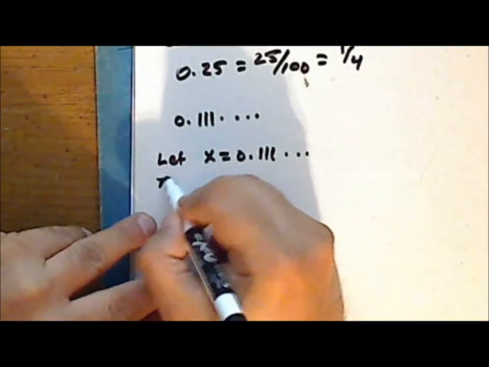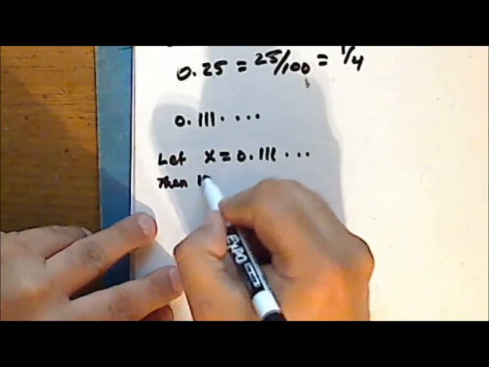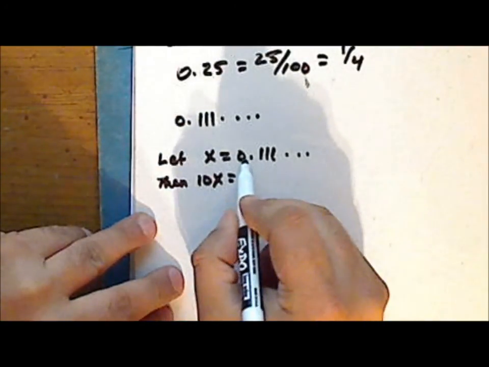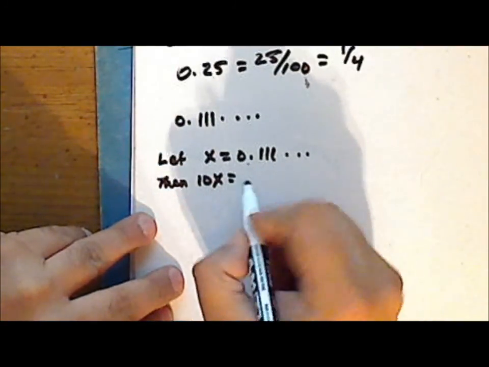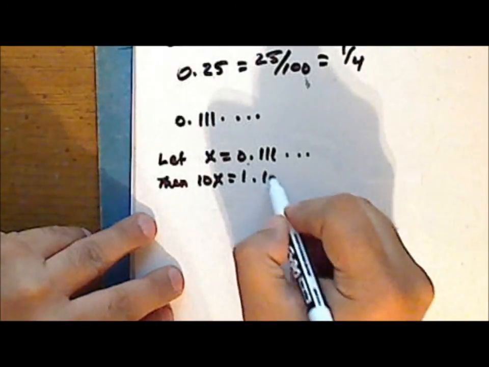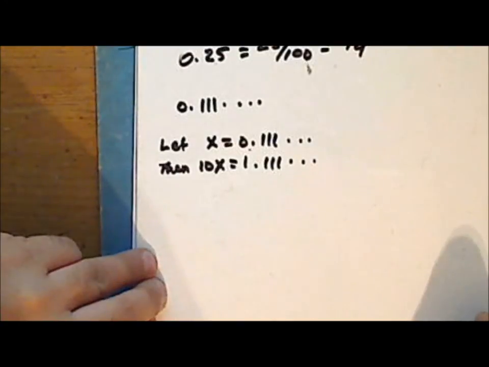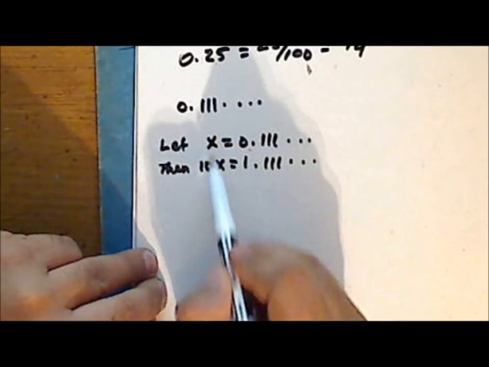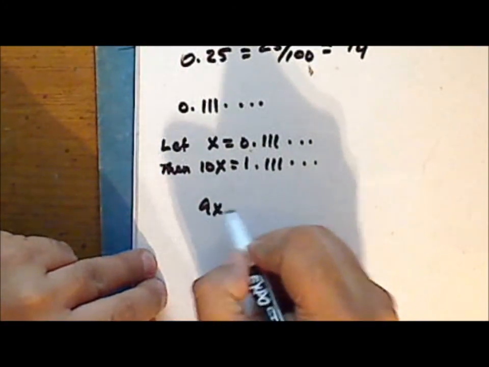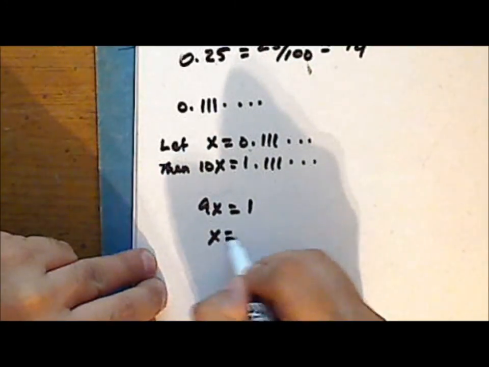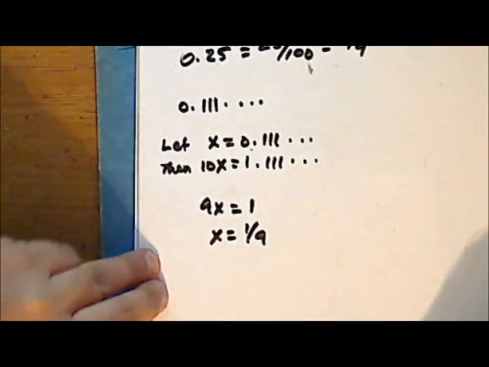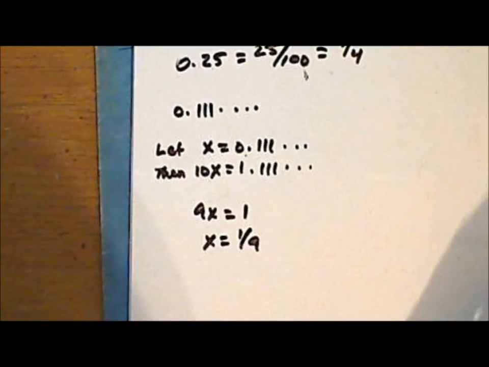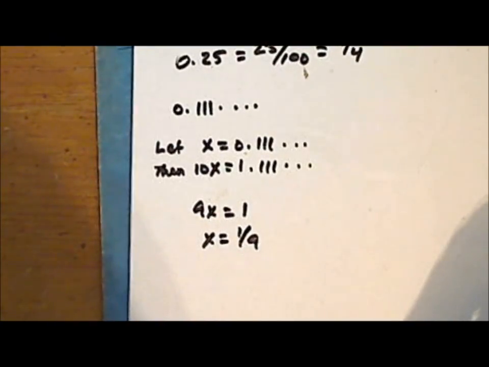Then, if we multiply by 10 on both sides, 10 times x, we'll move the decimal place once, and so we have 1.111 and so on that continues off to infinity. If we now subtract the first from the second, we have that 9x is equal to 1, and so x is the ratio of 1 to 9. And so, again, as a subset of the real numbers, the rational numbers are those decimals that either terminate or repeat indefinitely.